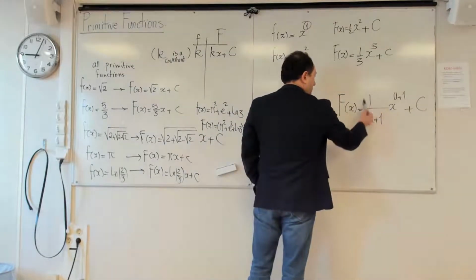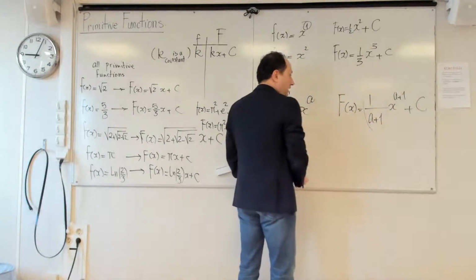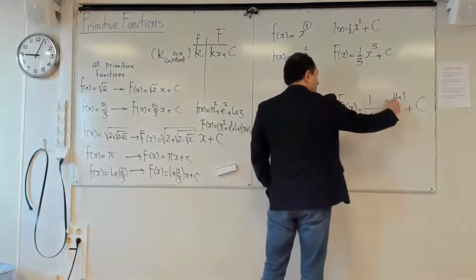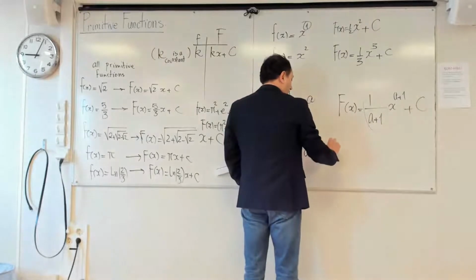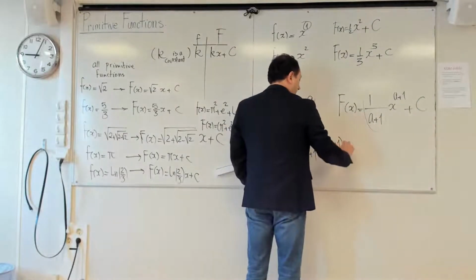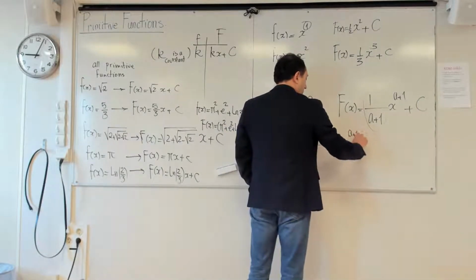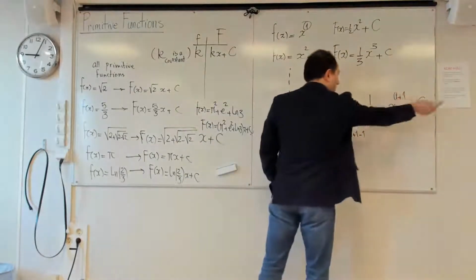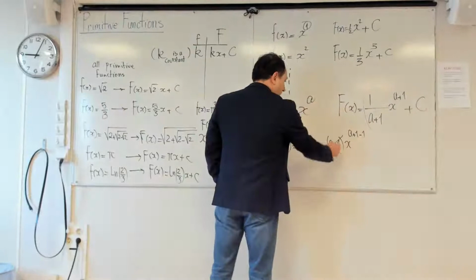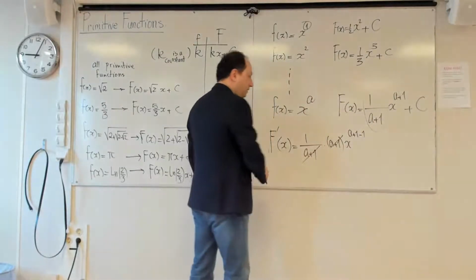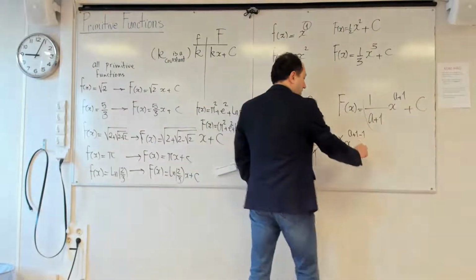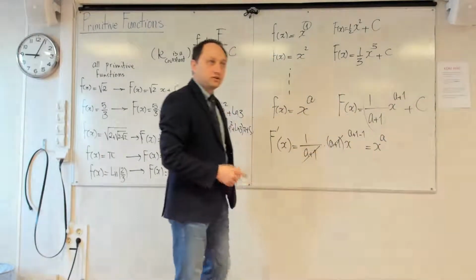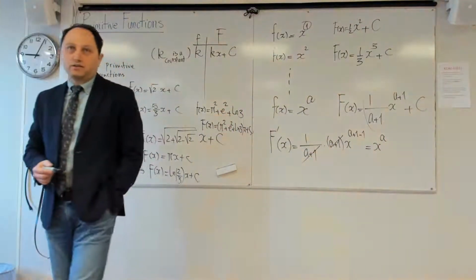This is a constant. Okay? And then it means that I write it here. But if I want to differentiate this, a plus 1 goes down, and then x to the power of a plus 1 minus 1. Differentiation rules. Yes? And the derivative of the constant is 0. This a plus 1, which is coming down, will be cancelled by this one, and a plus 1 minus 1 is just what? A. And that is exactly your function. So your guess was indeed correct.